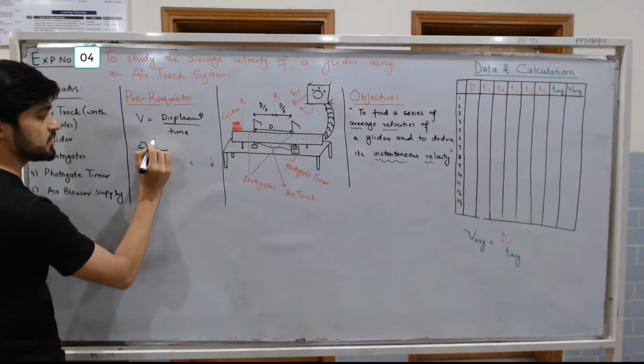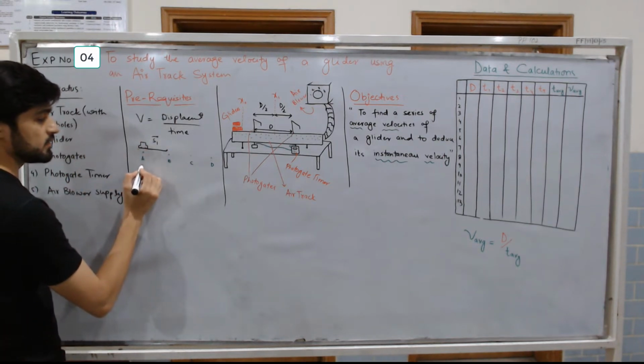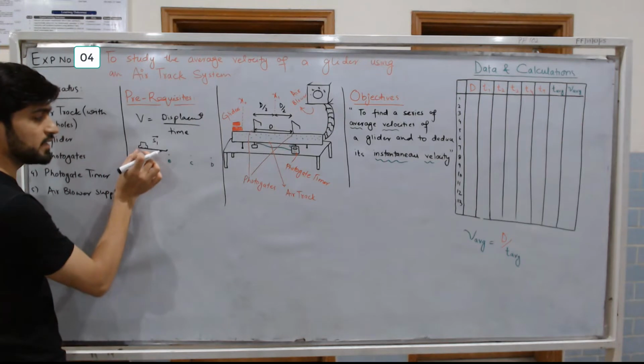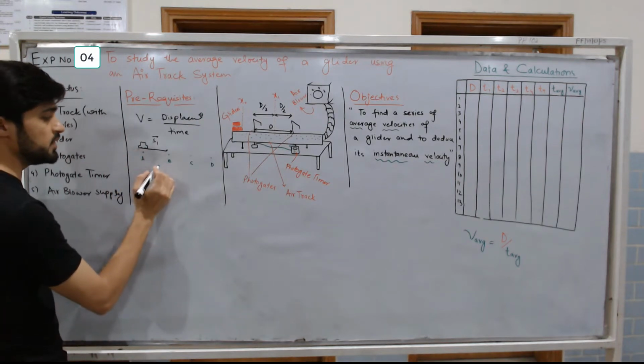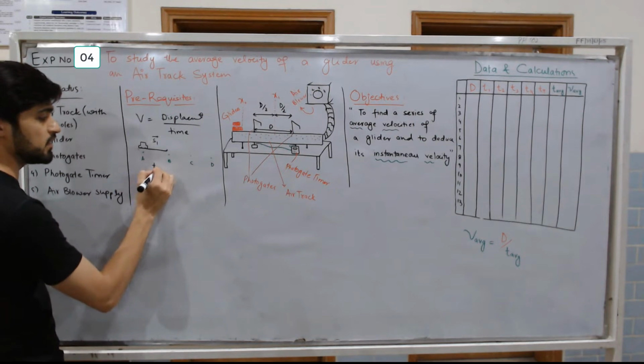Let's call this displacement S1, and the time taken by this car to move from A to B is T1.